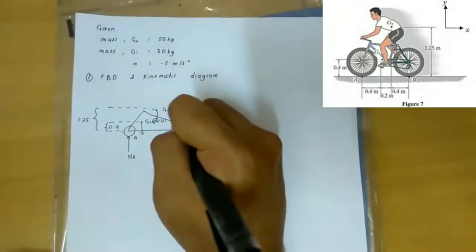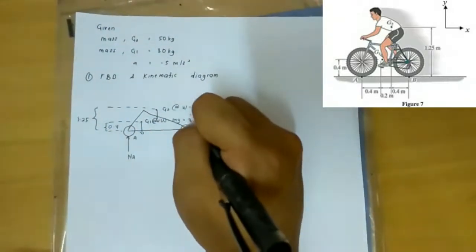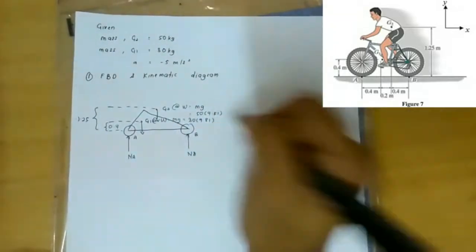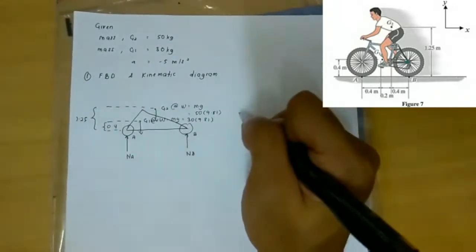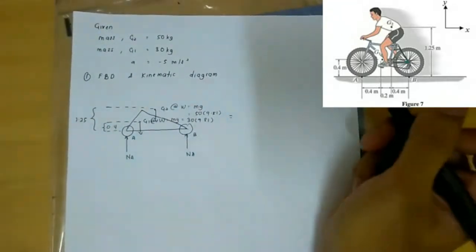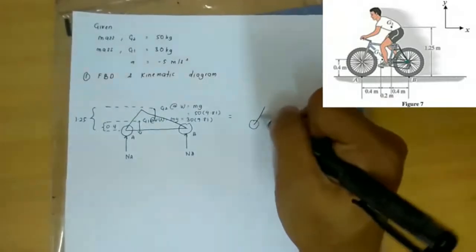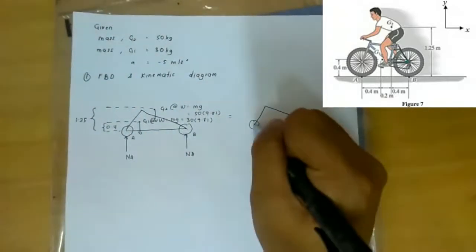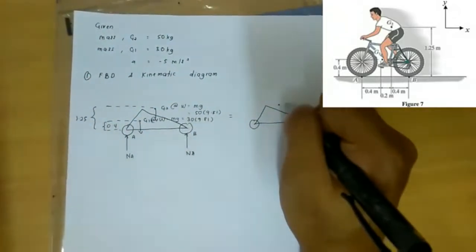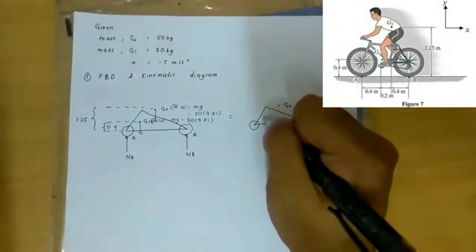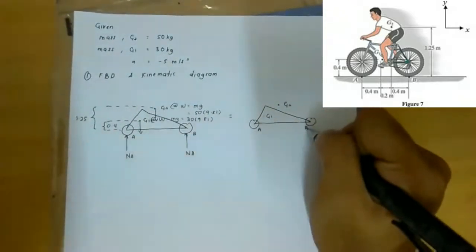Same goes for G1. Mass for G1 is 30 kilograms times 9.81. Point A and point B.